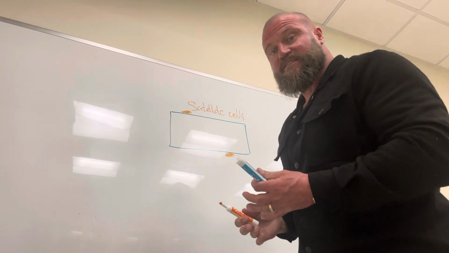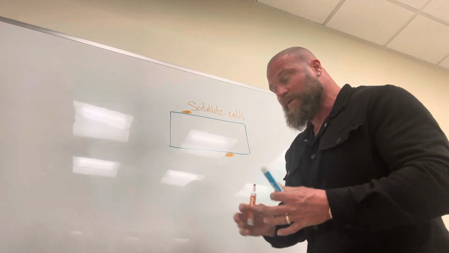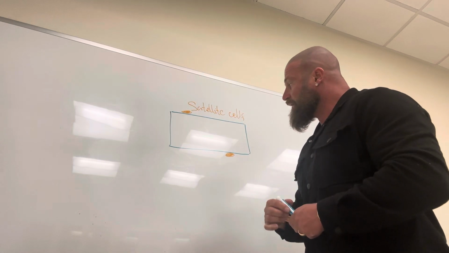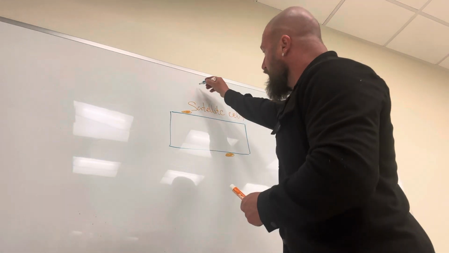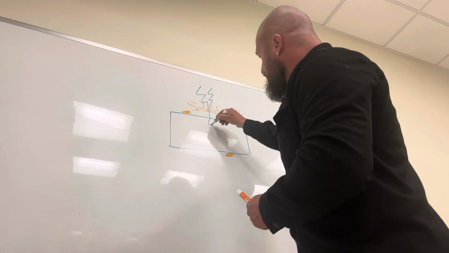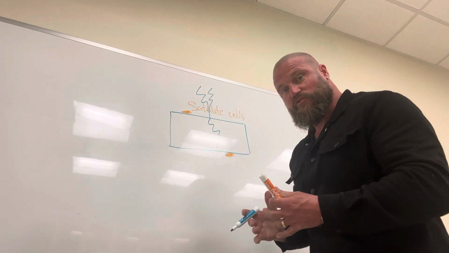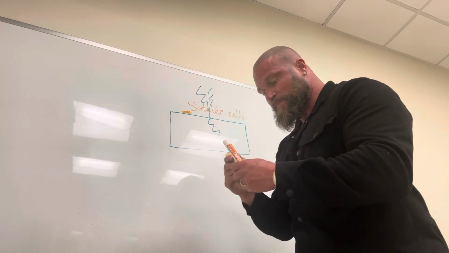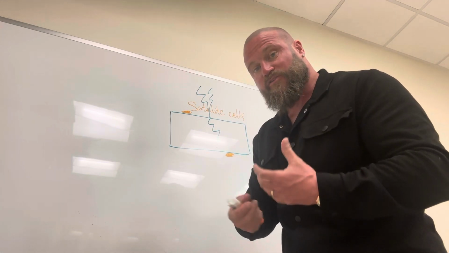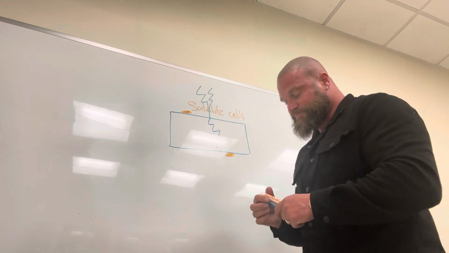And these satellite cells are basically sleeping on the edges of the cell. And when there is a stimulus to the muscle, we contract, then we induce microtears to the muscle fiber.